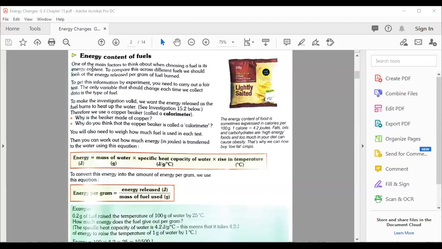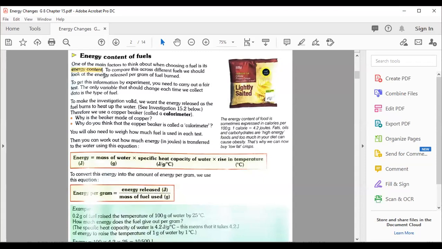In the same way, when you're going to choose any fuel, you will see how much energy is present in your fuel. That is the most important thing for you to compare across different fuels.